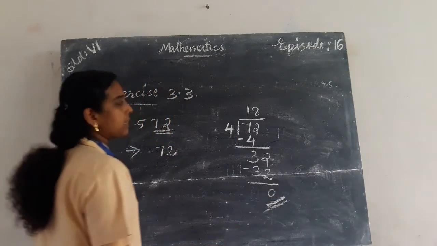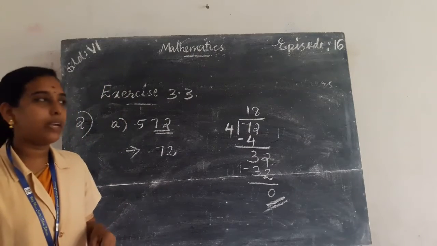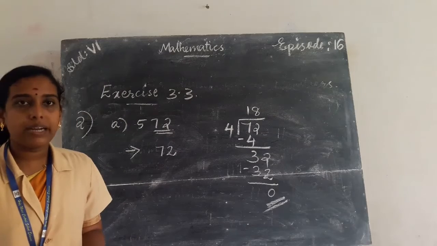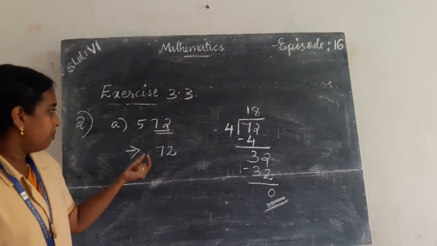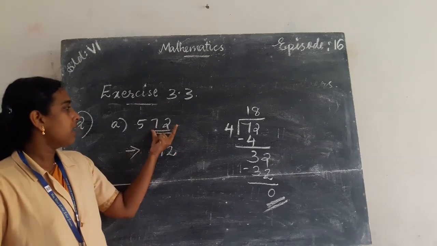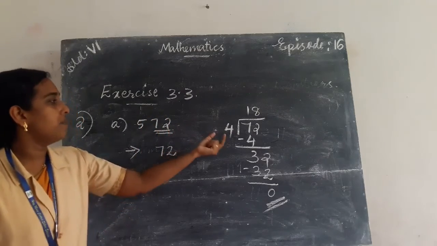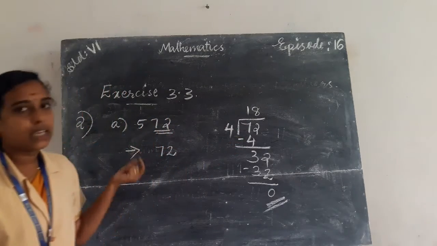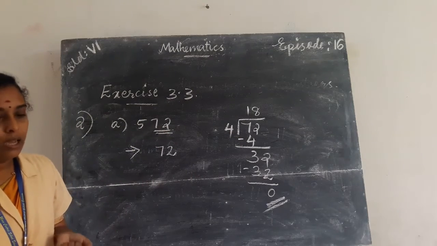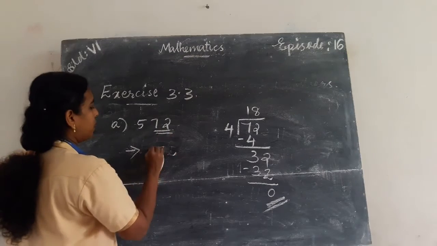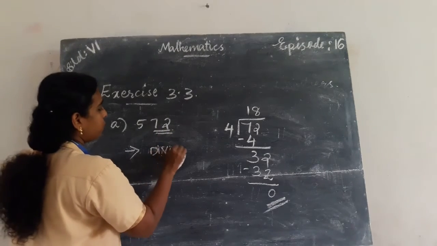Then we can say that the number is exactly divided by 4. So the whole number is also divisible by 4. Which means if the last 2 digits are divisible by 4, then we can say that the whole number is divisible by 4. So 572 is divisible by 4.